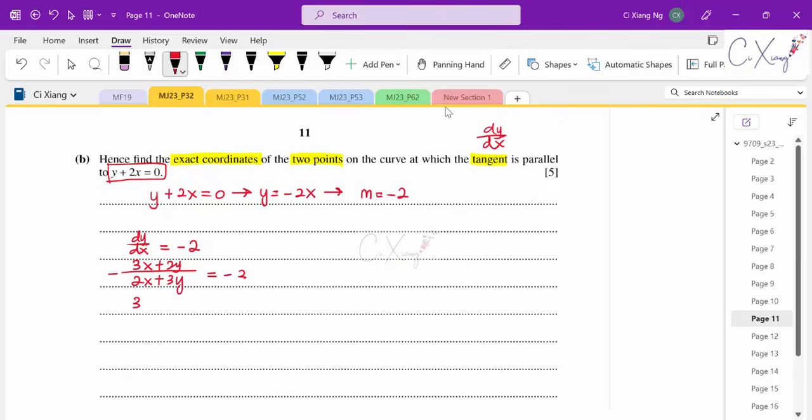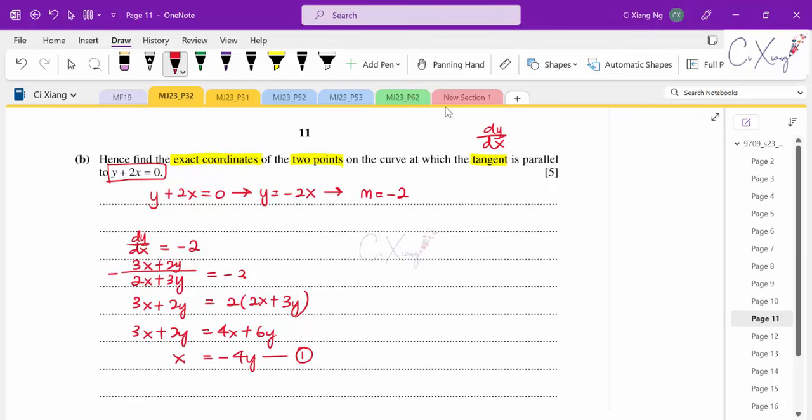Now I want to rearrange my equation to solve it. I have 2 and then 2x plus 3y, then 3x plus 2y equals 4x plus 6y. If I slowly simplify again, I have x equals negative 4y.